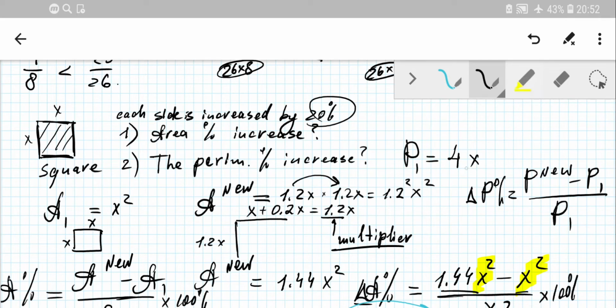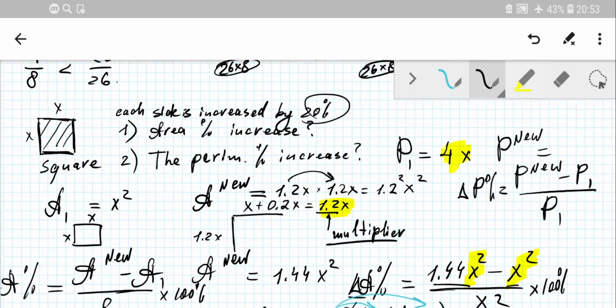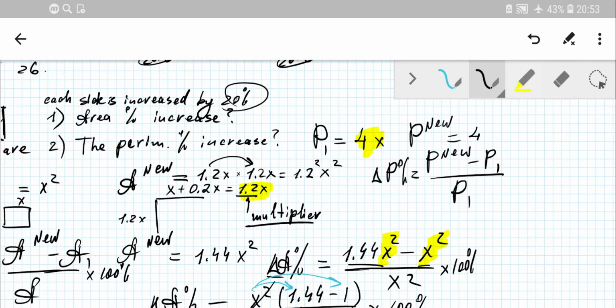The previous perimeter is 4x, and the new one is simply 4 times the new side, which becomes 1.2x as we calculated. So we've got simply 4 times 1.2x.